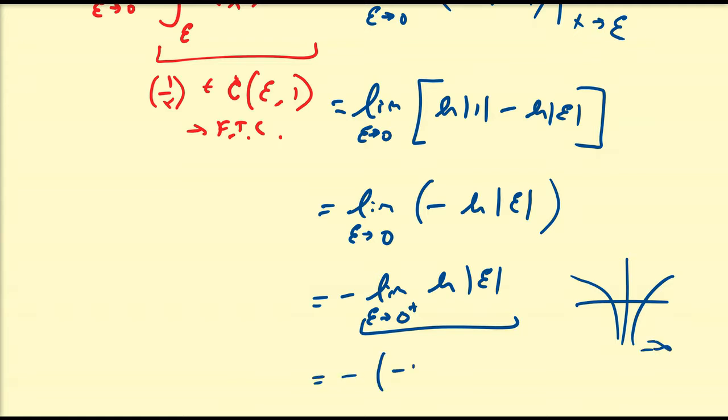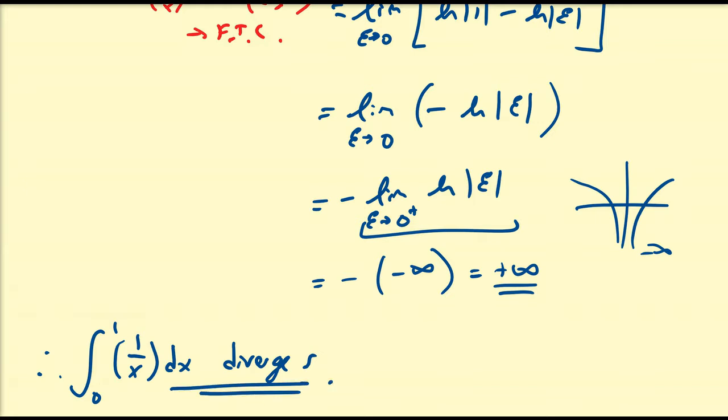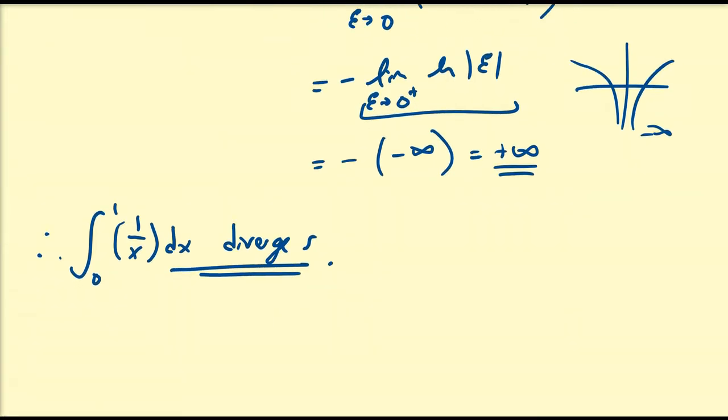So we have minus infinity, if you accept this statement at least, which is going to be some positive infinite quantity. So this integral diverges. That means the integral from 0 to 1 of 1 over x dx diverges. That is, it does not equal a finite quantity.